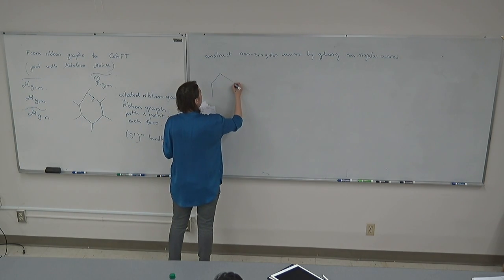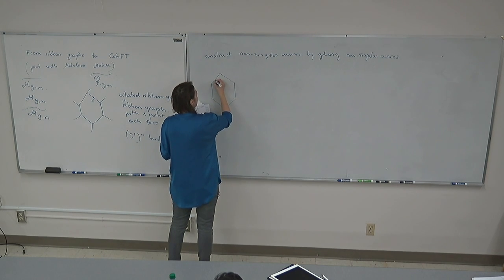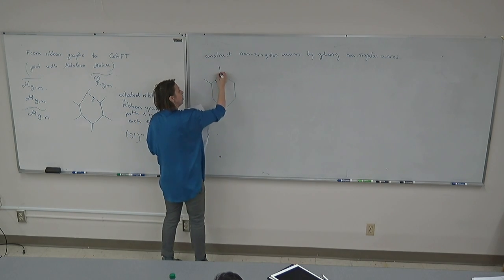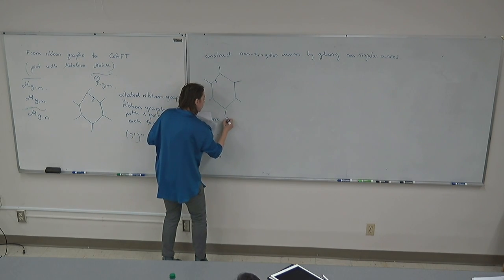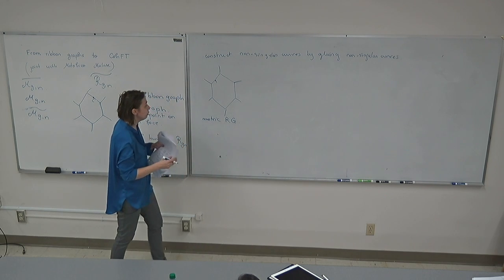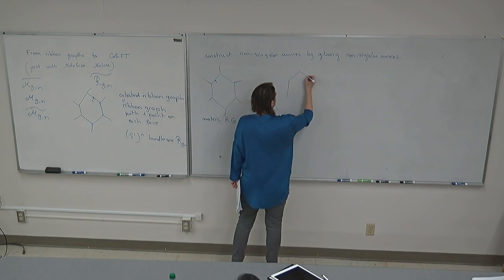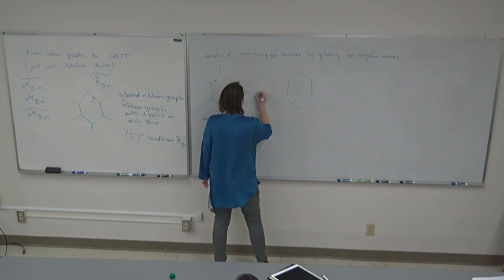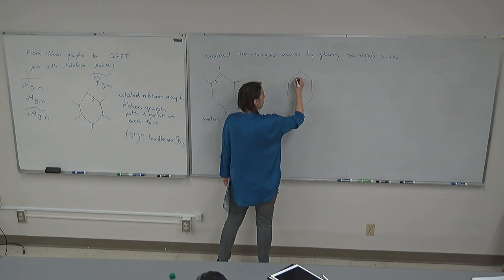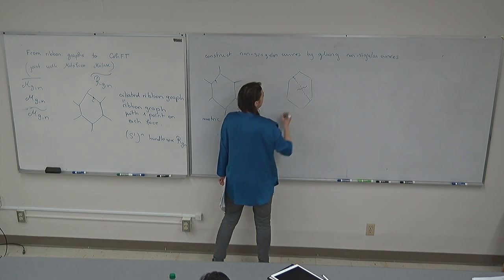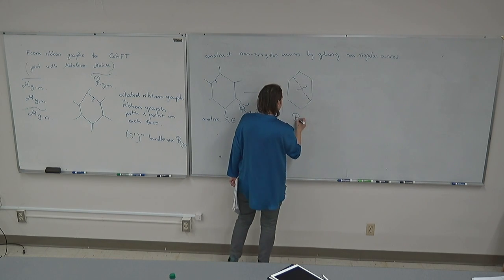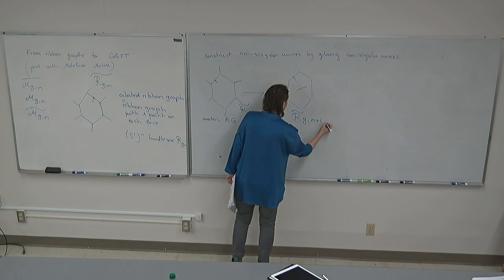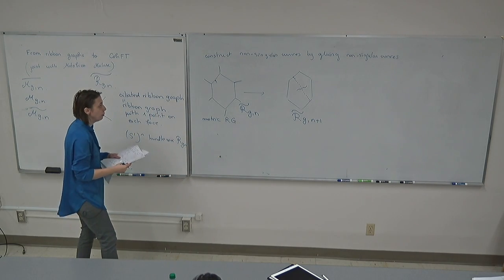So I have this metric ribbon graph, and I have one cilia associated to each of the faces. What I'm going to introduce is a map. This has a perimeter. I'm going to cut in half this perimeter and associate two cilia at the midpoint, let's say. So this goes from R_{g,n} to R_{g,n+1} because I increased the number of faces by 1.